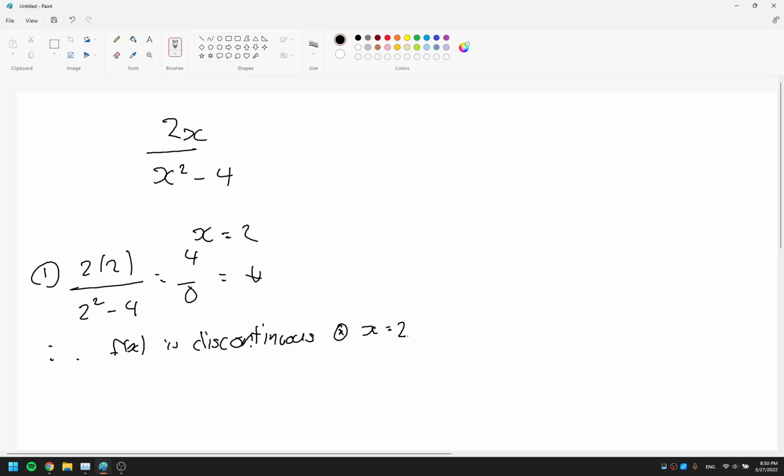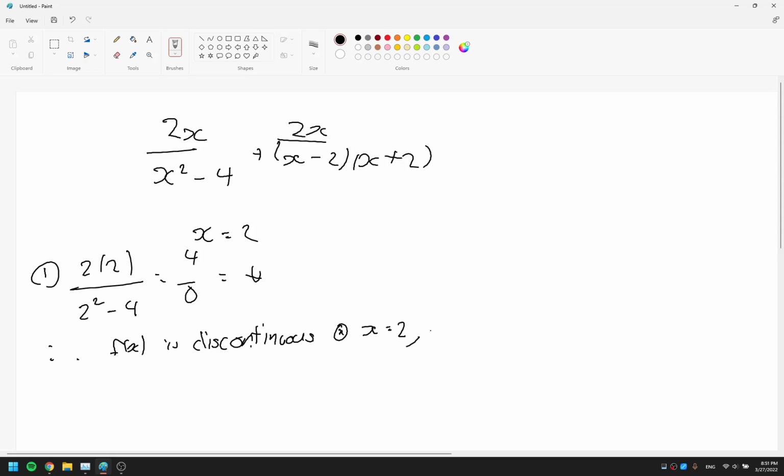If we factor this, we can't factor the numerator, but we can factor the denominator: x minus 2 times x plus 2. We can't cancel any factors between the numerator and the denominator, so it's not a hole, it's actually a vertical asymptote.